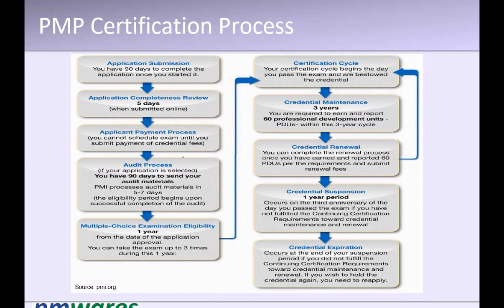Some of the applications, it is said that around 10% are picked up for audit. So if your application falls under audit, PMI will ask you to submit all the documentary proofs for the claim you have made in the application form.